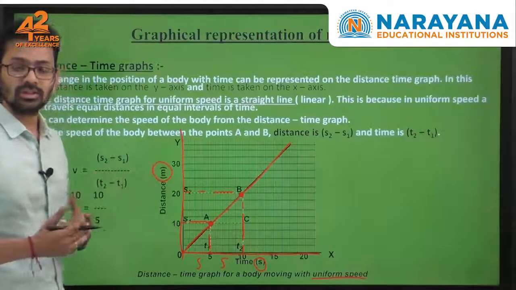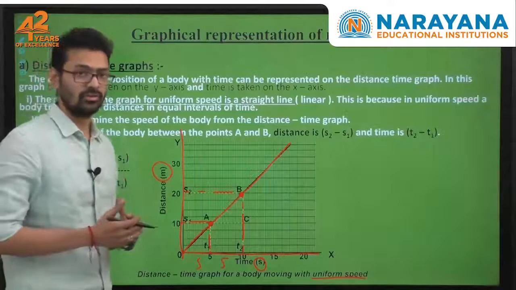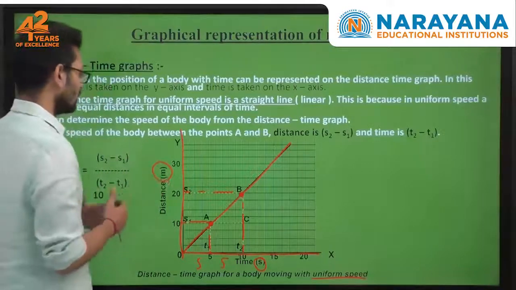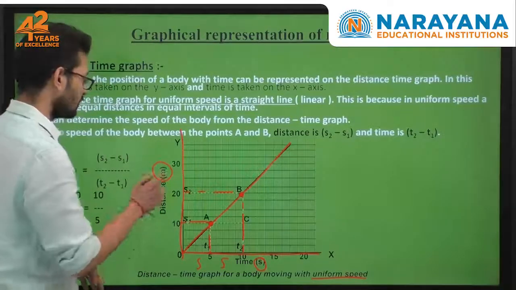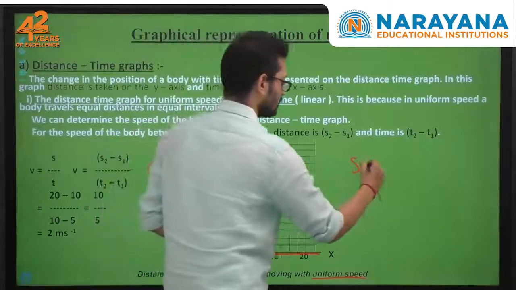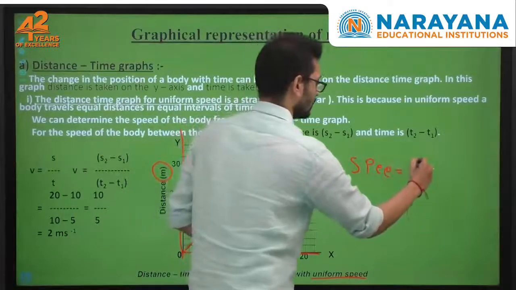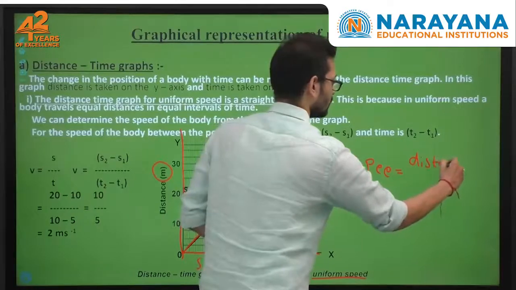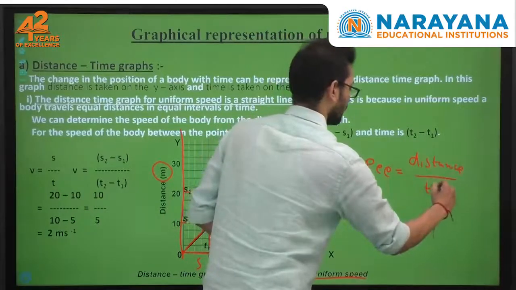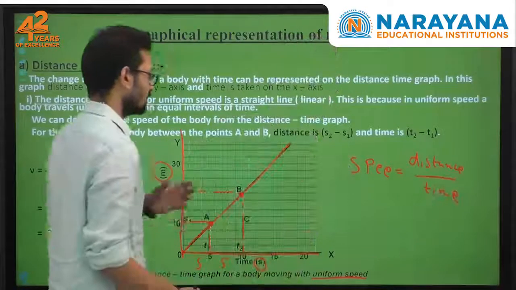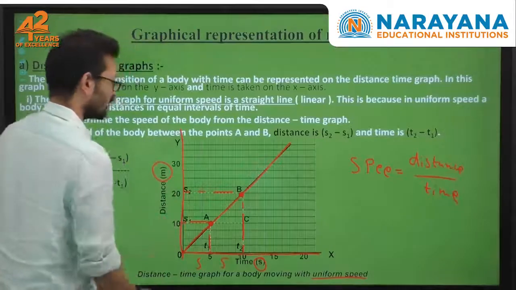Now how do you say that it is uniform speed and how do you find it out? We can find it out using the speed formula. Speed is nothing but distance by time.